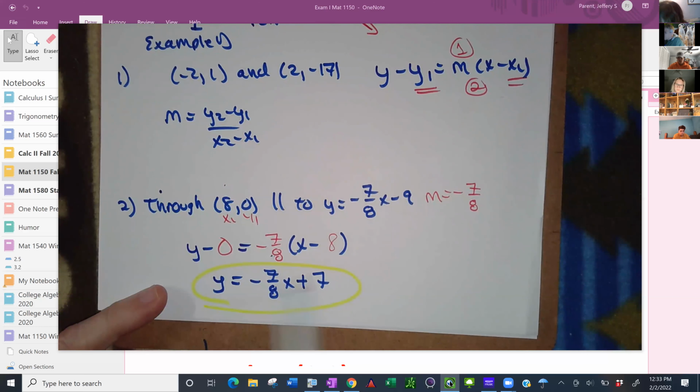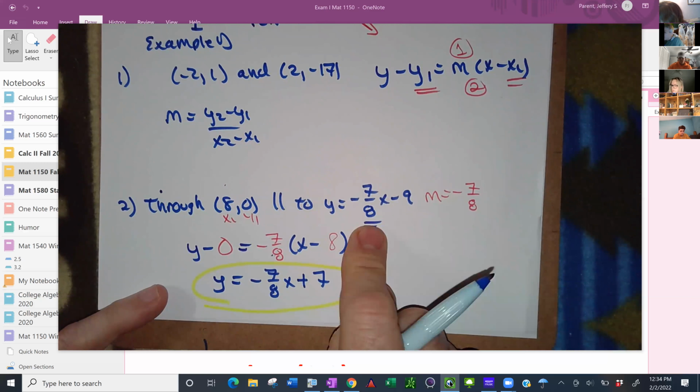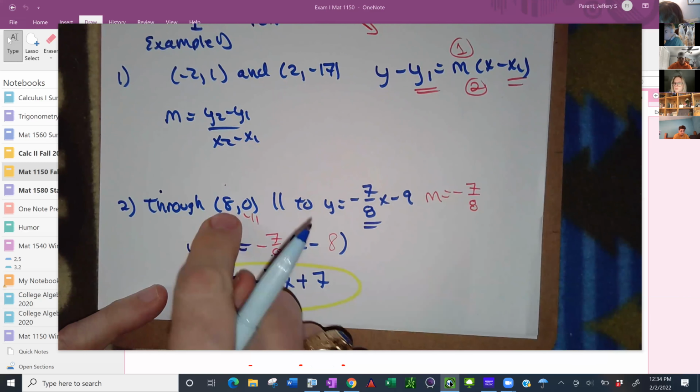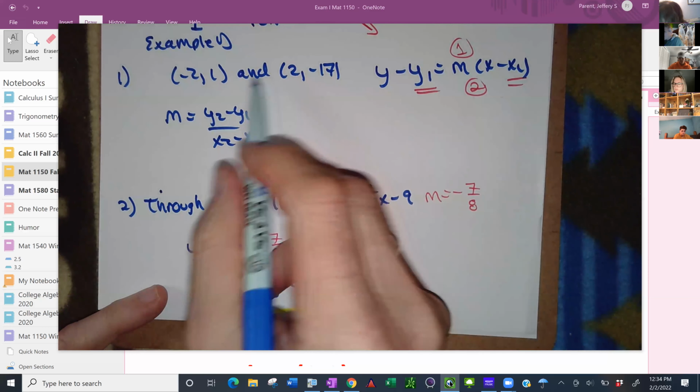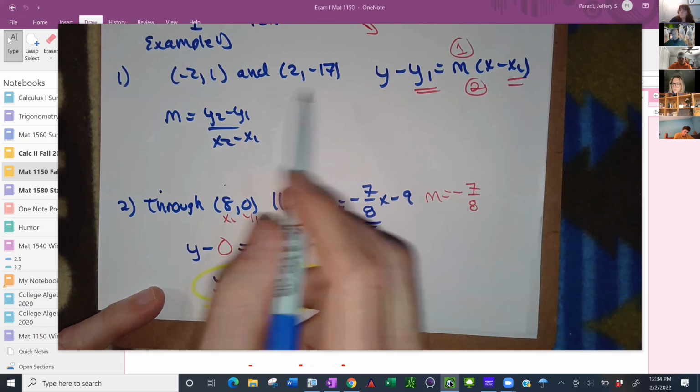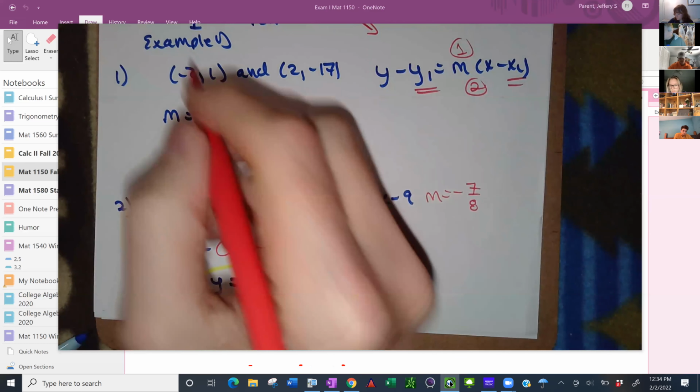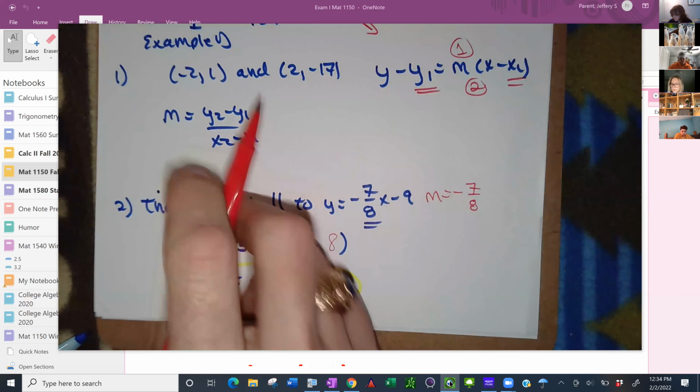Here, we found the slope because the line through this was parallel to this. Since that's the slope here, that told me that this line has to have the same slope. This one, they don't give me the slope, but they do give me 2 points. So we'll see if I can come up with a slope then, and I'll remind you of your slope formula.